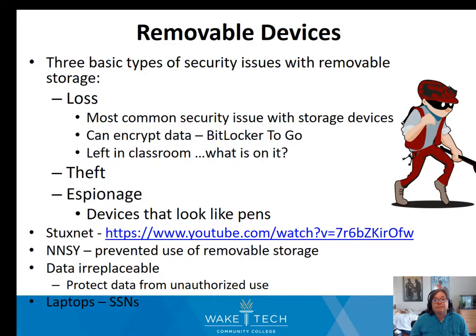Theft, which means they're deliberately taken and more malicious, and espionage, which is also malicious. Do not underestimate the amount of information that is valuable to a competitor. And like I said earlier, it could simply be what price you are selling a product to a client. How much are you selling eggs for right now?